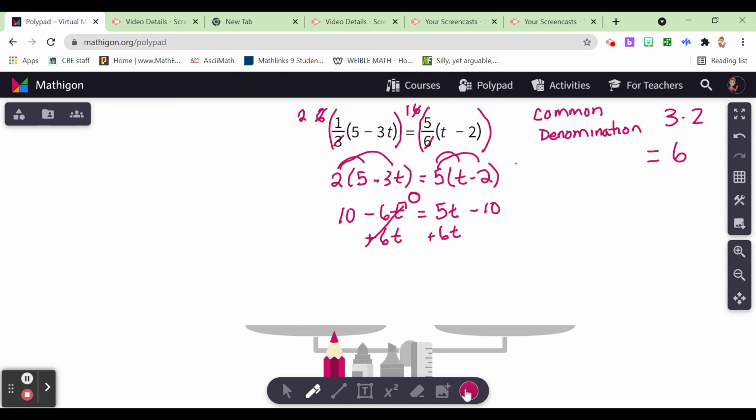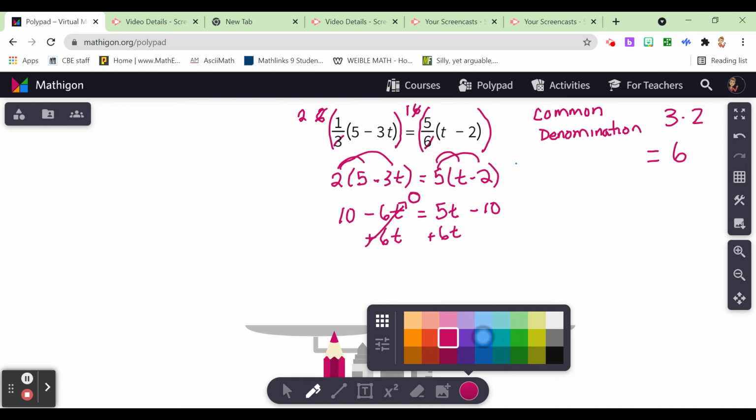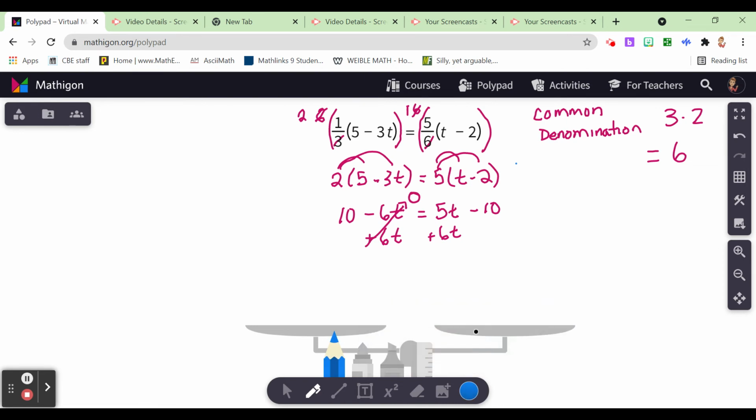And then I have my variables on this side, so I'm going to bring my numbers to the other side. Okay, so I'm going to add 10 to this side and add 10 to this side so that I get rid of my numbers on this side. So that goes to 0.